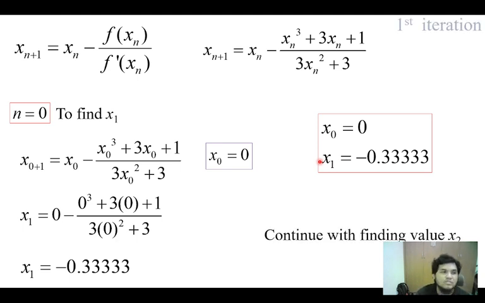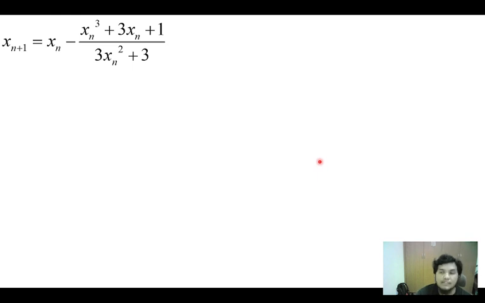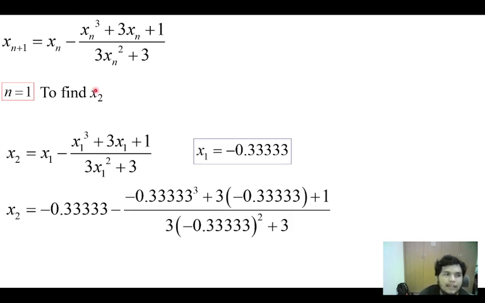To find x2, we need to use the same formula, but with n equal to 1. So when n equal to 1, we get x2 as our answer. By putting the value of x1 from the last result, just insert it back into the same formula.